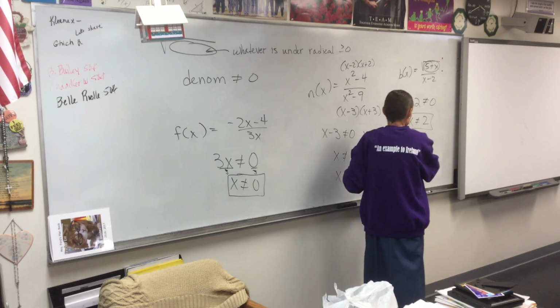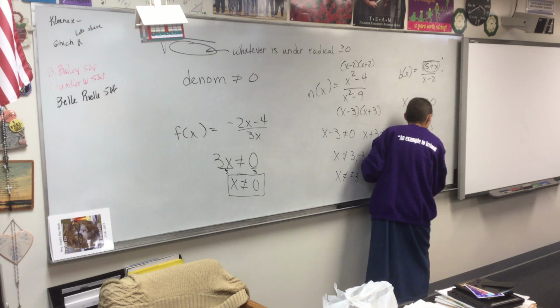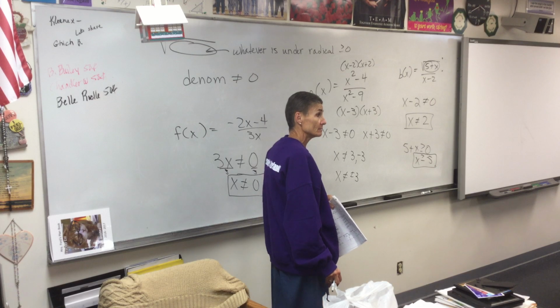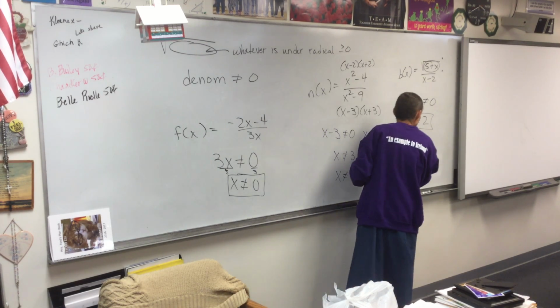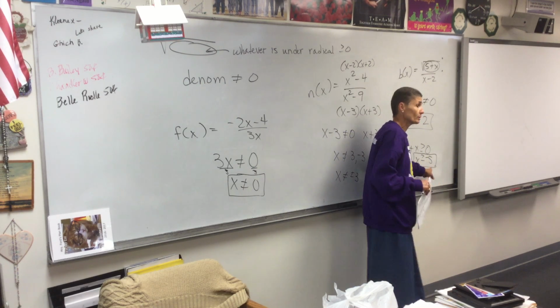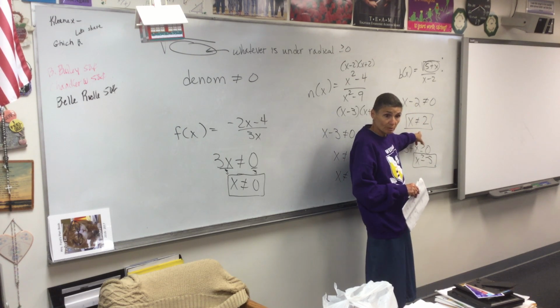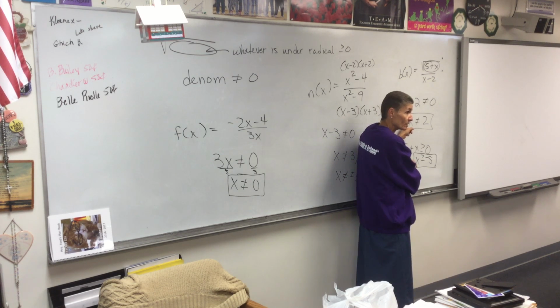So if 5 plus x has to be positive, then subtracting 5 from both sides, x has to be bigger than negative 5. So my domain is every number bigger than or equal to negative 5 except 2. Both of these are the answer. Both of them have to be written down.